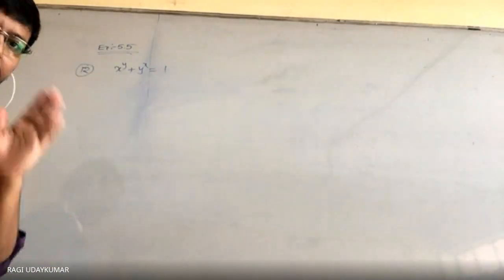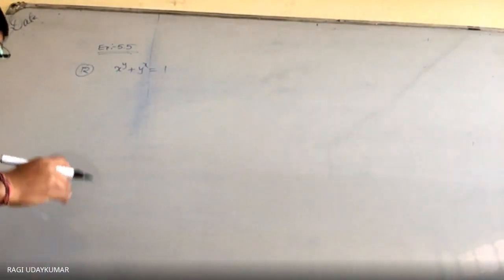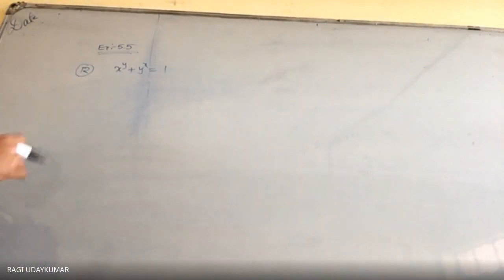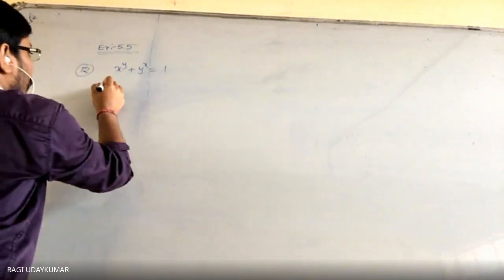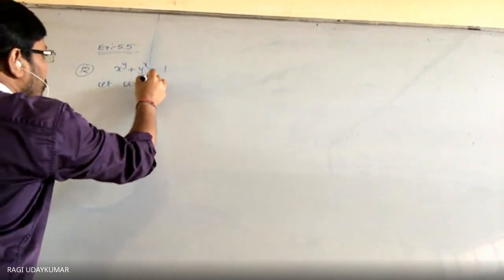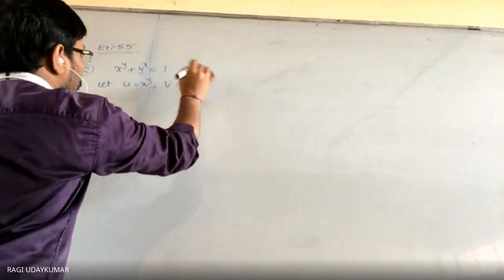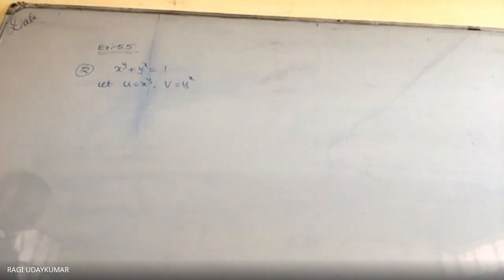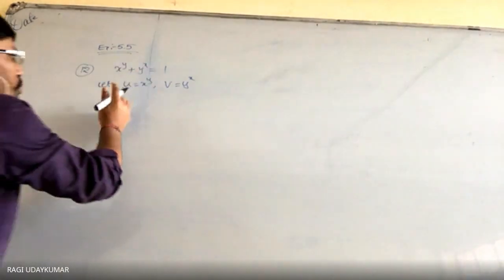That is the question: we have to differentiate with respect to x. So you have to consider this one as u. Let u is equal to x power y, v is equal to y power x. Then this whole equation changes into u plus v is equal to 1.